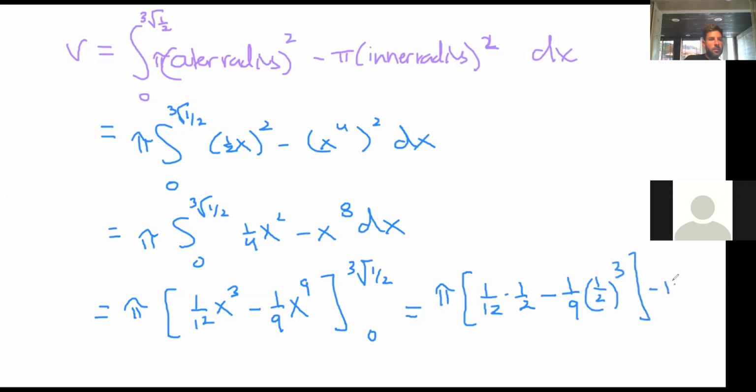And then when I plug in 0, it's just 0 minus 0. So that might be a step that some of you might not be as confident with, your properties of exponents, and that's okay. It might take a moment for you to pick up what I'm putting down there. So if you have a question, please ask while you're thinking about that. I'll give you a moment to do so.